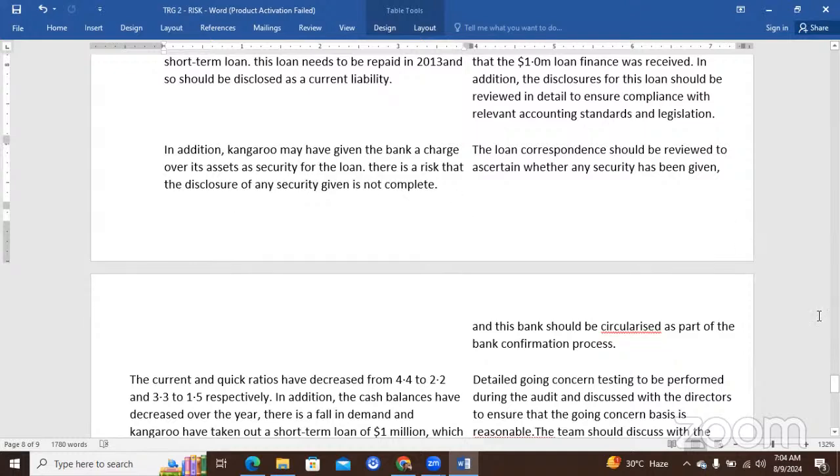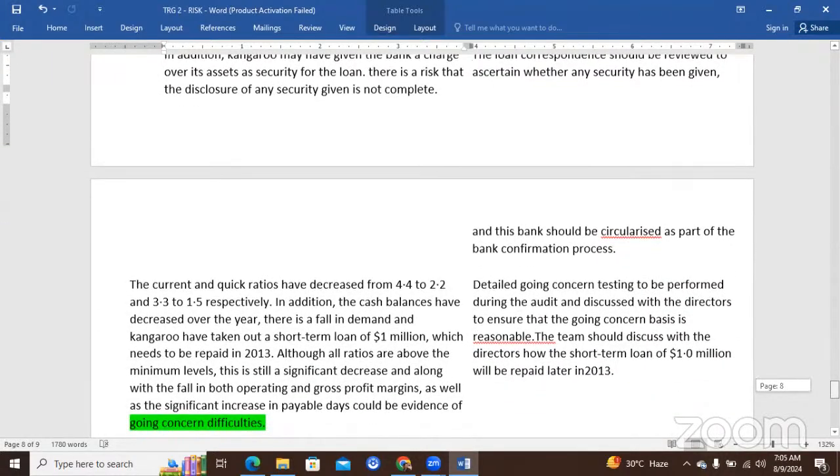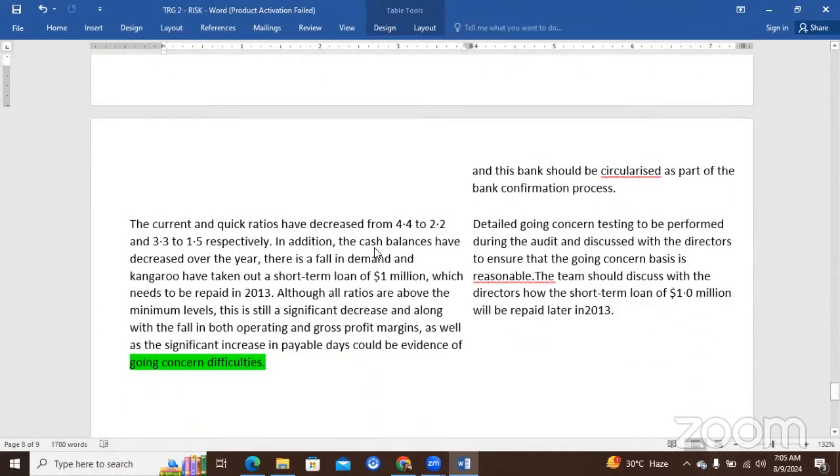On the other side, the ratios are not performing well and we need to repay the loan. Altogether, it shows going concern difficulties.